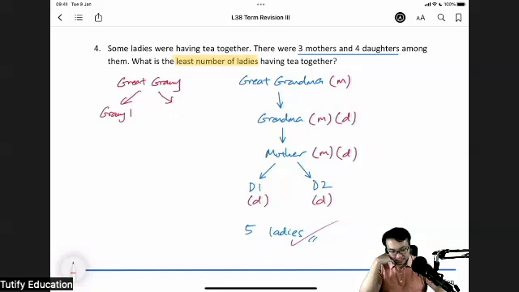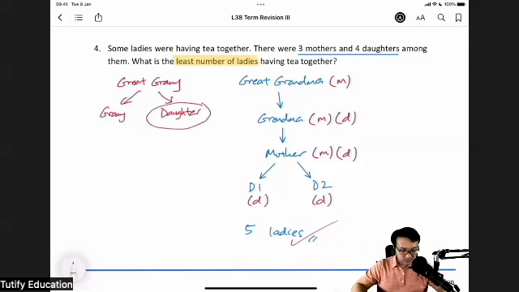Granny number 1. And we can just say that we have a daughter, just daughter of great grandma, right? The reason why this is not a grandma is because she does not have any children. So you cannot call her grandma.